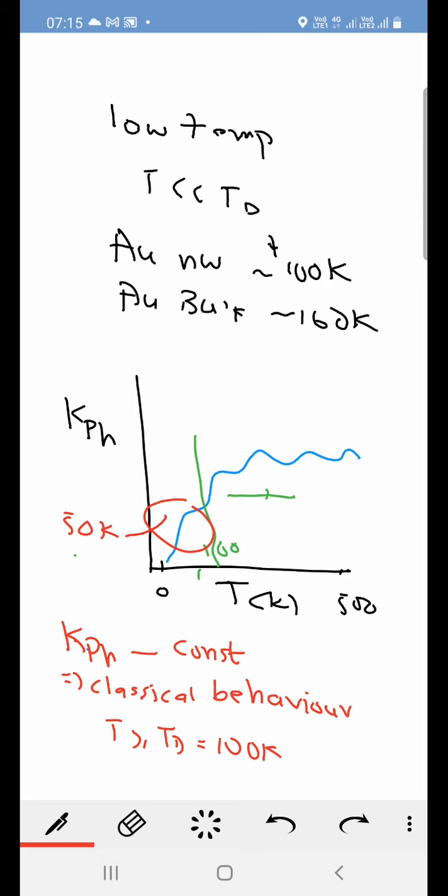Now, coming to the Wiedemann-Franz law, we know that Kc is equal to L G into T in the range of T effective. And in this range also the electronic conduction is dominant over the phononic conductance.